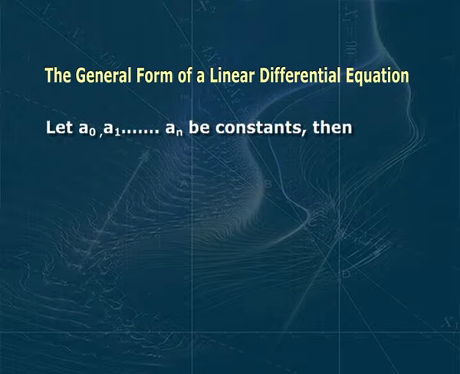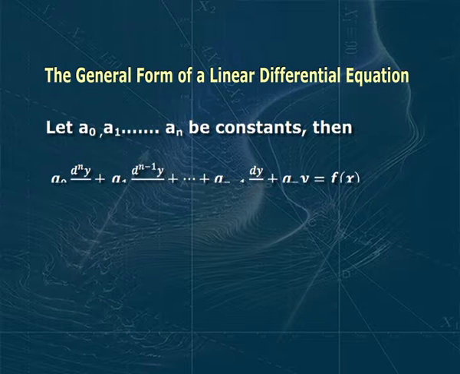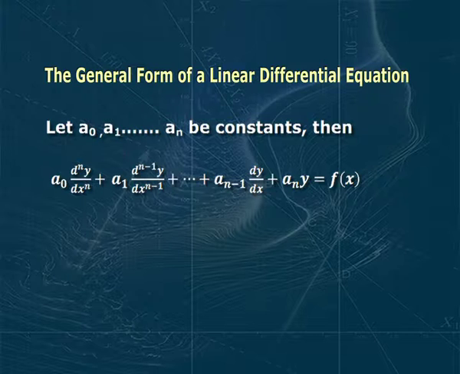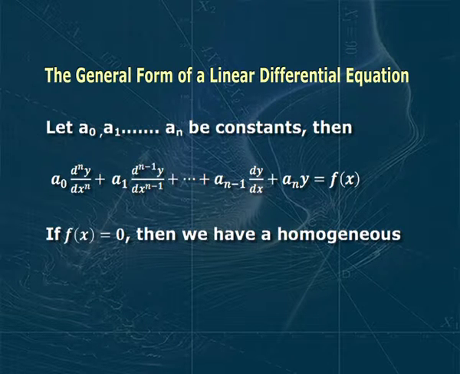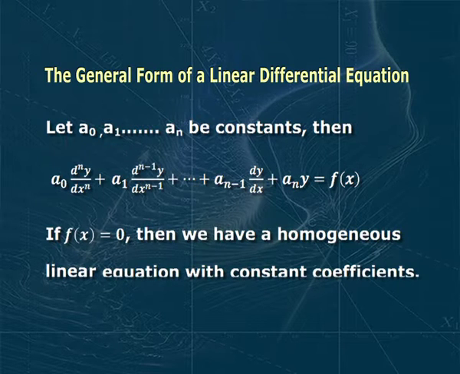Let a0, a1 till an be constants, then a0 d^n y by dx^n plus a1 d^(n-1) y by dx^(n-1) plus and so on plus a(n-1) dy by dx plus an y is equal to f of x. If f of x is equal to 0, then we have a homogeneous linear equation with constant coefficients.